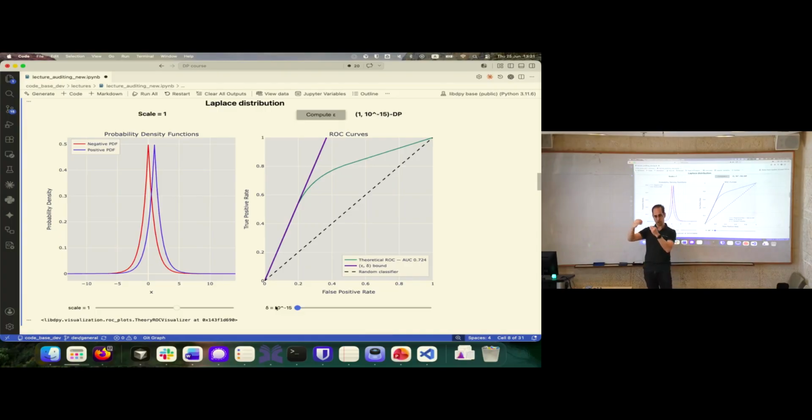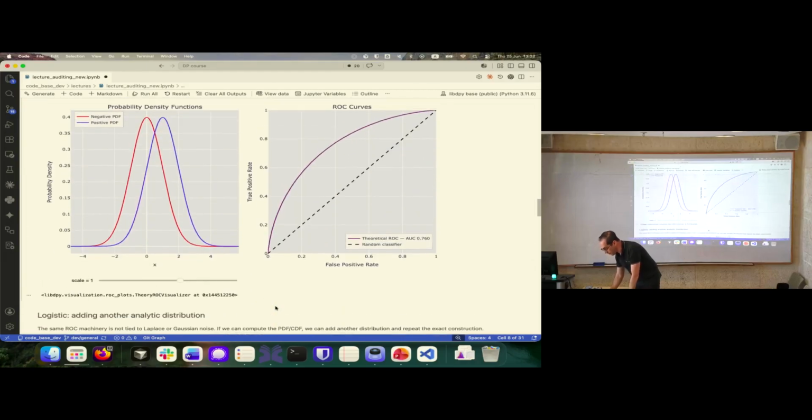So if I started last lecture from the attack and formalized it as an ROC, and then finally said, well, a bound on the ROC would sort of capture what privacy is, and then realized that this is describable by the epsilon and delta parameters, now I'm doing the other way around. Well, if I got a specific ROC, what is the epsilon delta trade-off?